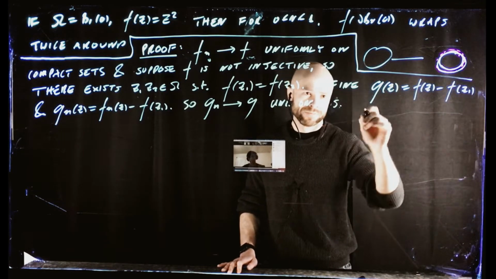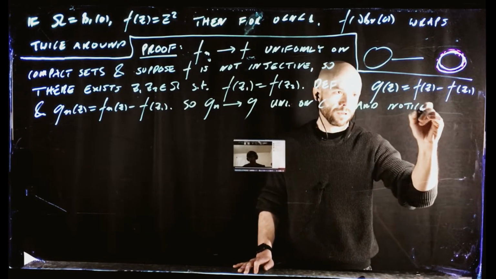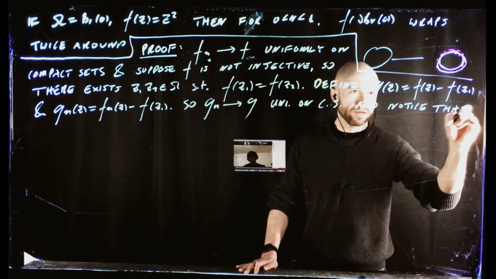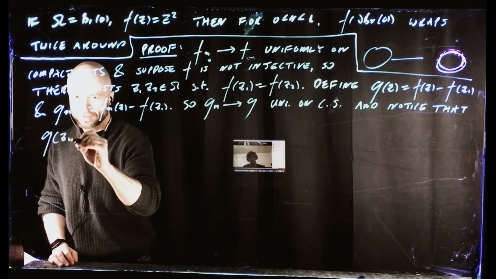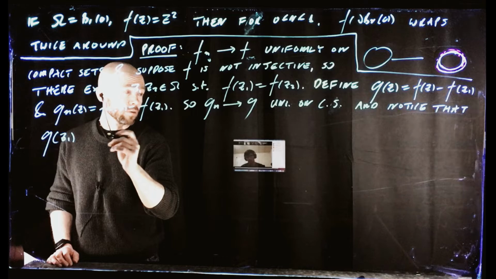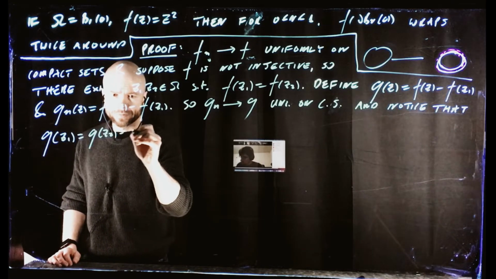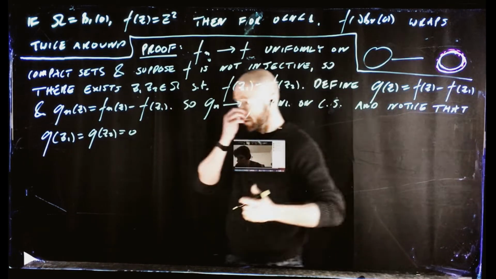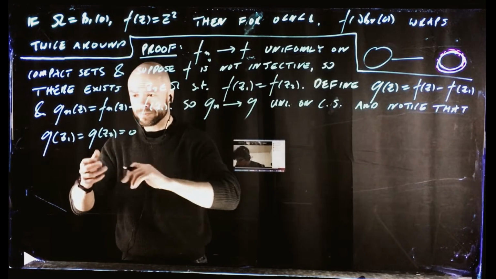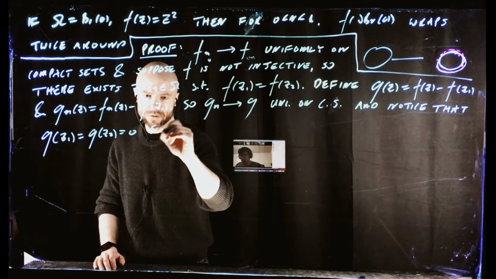Just as before. And notice that g of z1 is equal to 0, but also g of z2 is equal to 0, because f of z2 is equal to f of z1. So we have that z1 and z2 are both zeros.